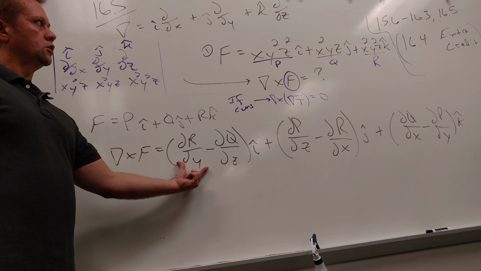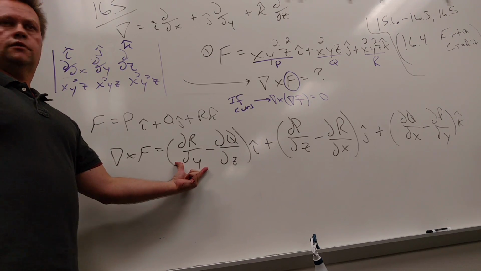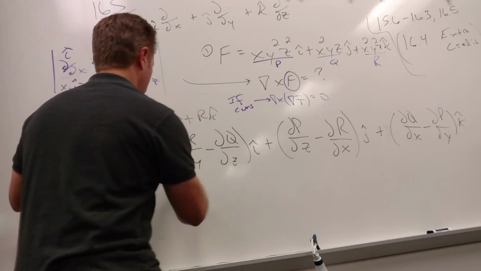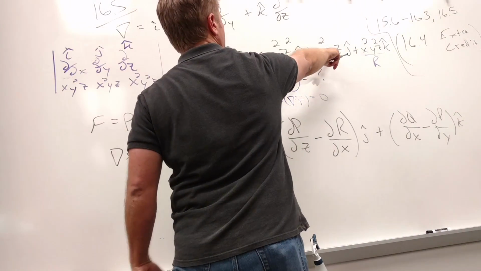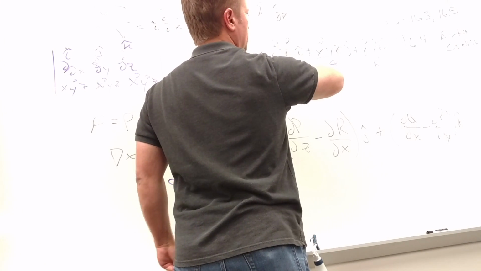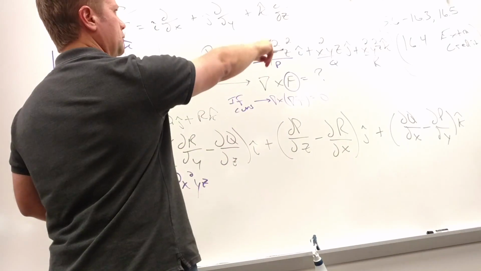x squared what? 2x squared yz, right? The 2 comes down, 2x squared yz. And what's dQ/dz? x squared y.